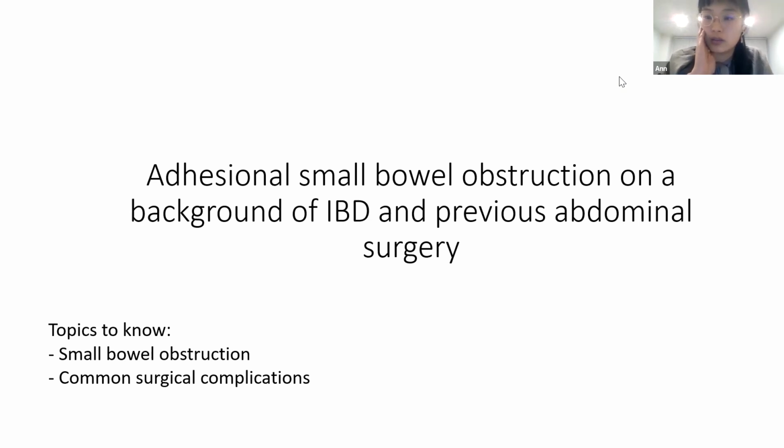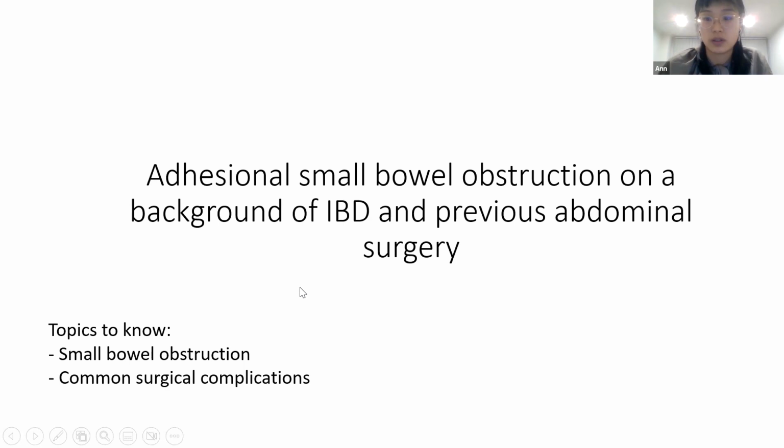So you don't even have to have surgery to have adhesions. It can be really commonly from endometriosis and PID. In this case, because she's had Crohn's disease and previous abdominal surgery, and also previous hernias, extremely high risk, and will probably have recurrent episodes.